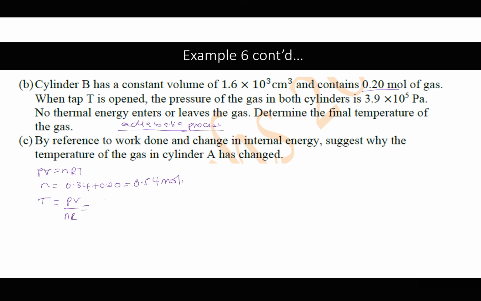Since the pressure is 3.9 × 10^5 pascals, and volume being a scalar, we just sum up the total volume. The volume of cylinder A was 2.5, so when we add 2.5 plus 1.6, we get 4.1 × 10^3 multiplied by 10^-6 to change it to meters cubed.